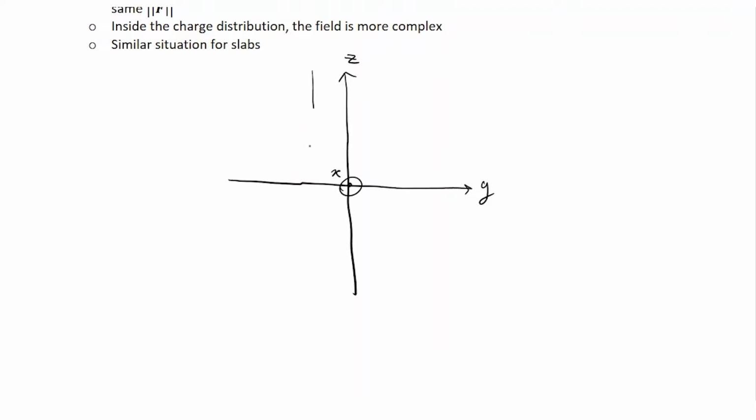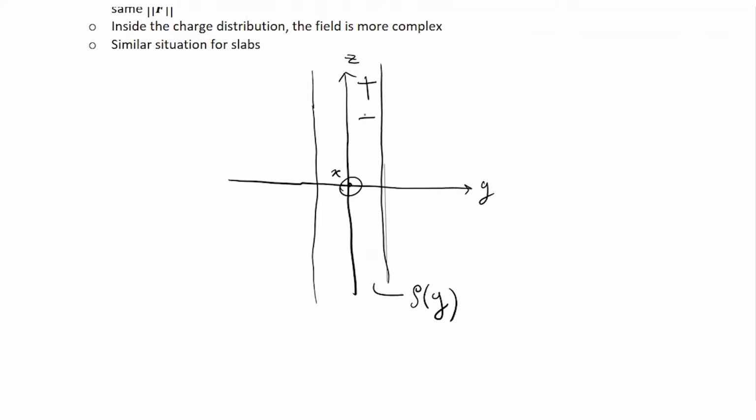And you have your slab. And you have some arbitrary charge density. Let's say, and this charge density doesn't need to be symmetric with respect to the y equals 0 plane.